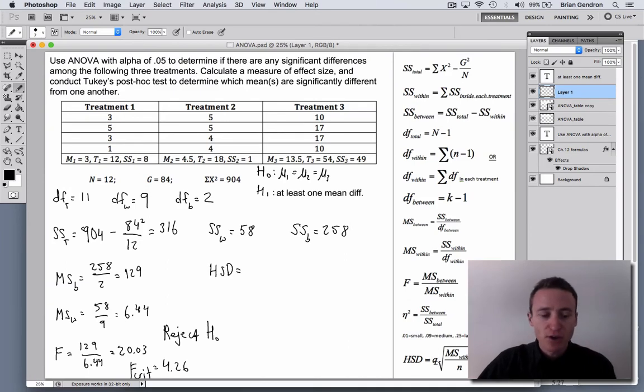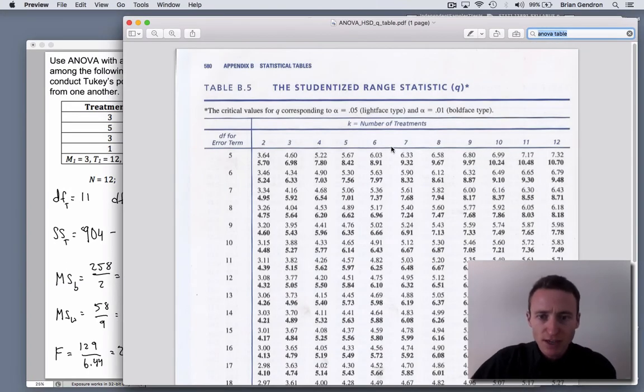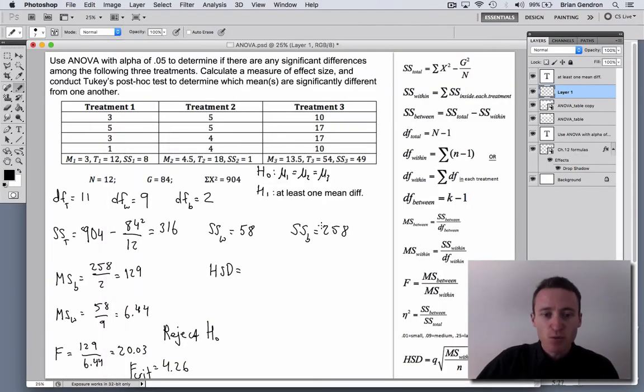And the first thing we need is our Q value. So to read the Q table, you need a couple pieces of information. The first, it says K. Recall that K is the number of treatments. So we have 3 treatments or 3 groups in our study. So that's 3. This over here says DF for the error term. The error term is DF within. Essentially, that's the denominator of your test statistic, which the within value goes in the denominator, which is the error term.